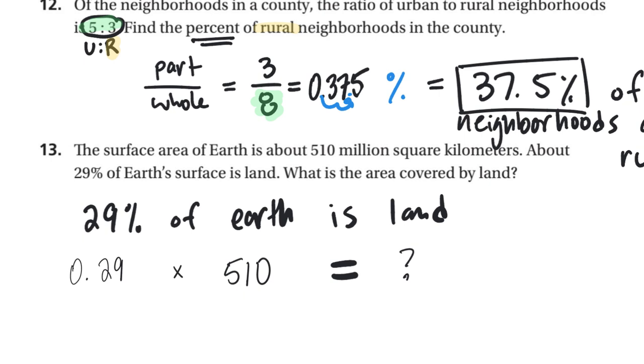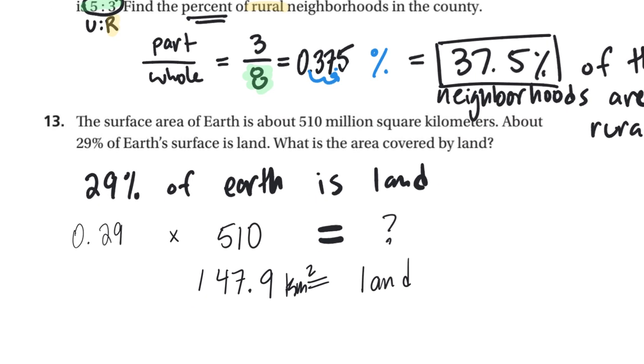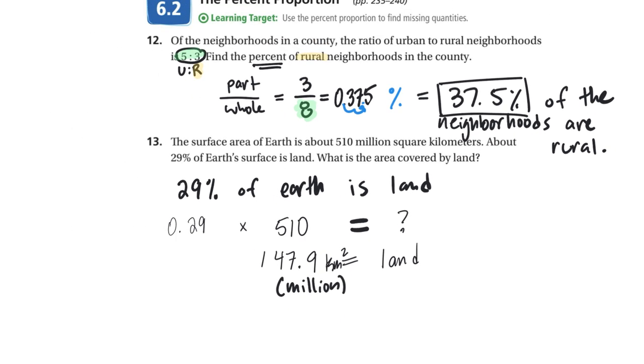So we take 29%, 0.29 as a decimal, times the 510, which gets us 147.9 million square kilometers.